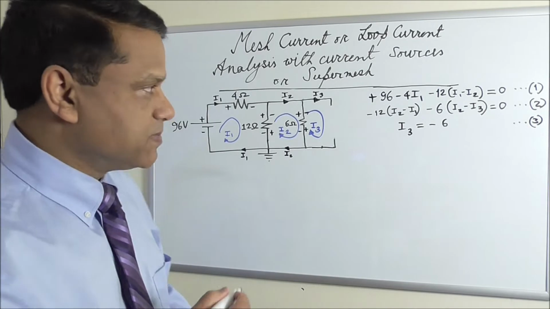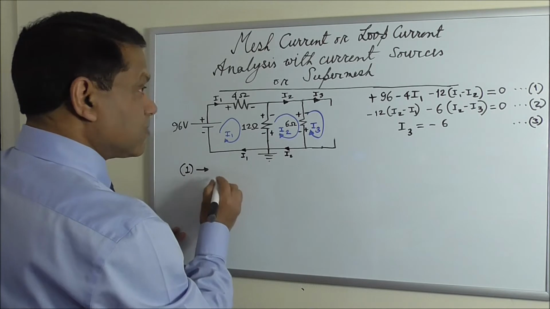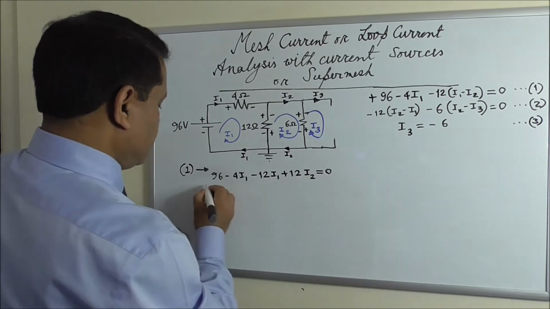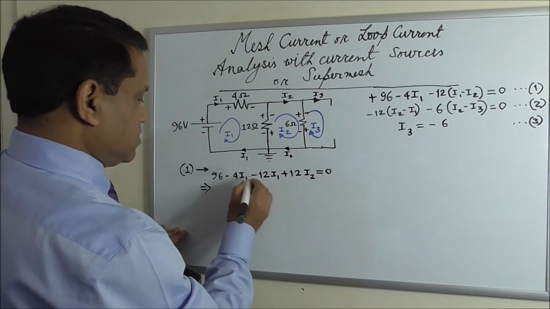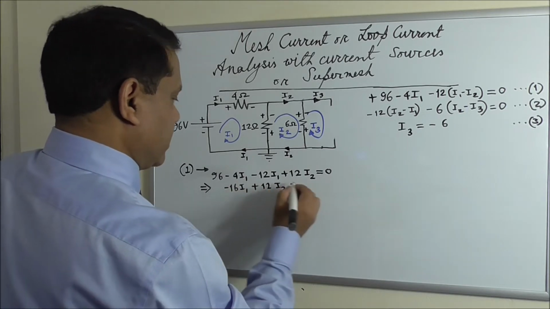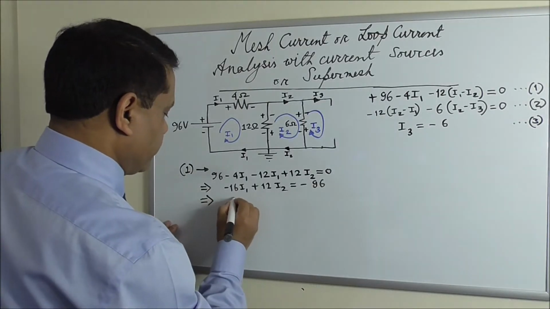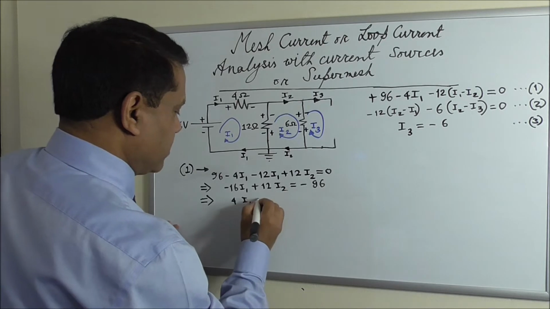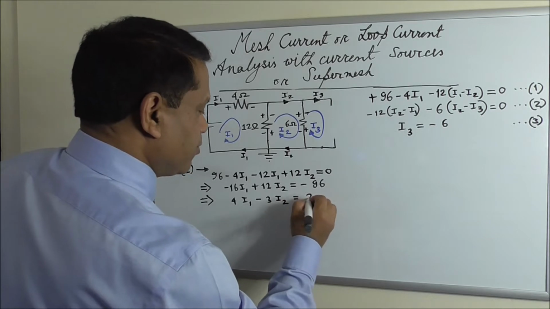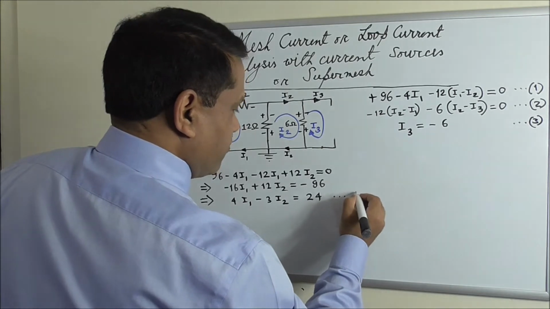So let's solve these equations. From equation 1, 96 equal to 0, minus 16 I1 equal to minus 96. 4 I1 minus 3 I2 equal to 24. So this is our new equation, equation 4.